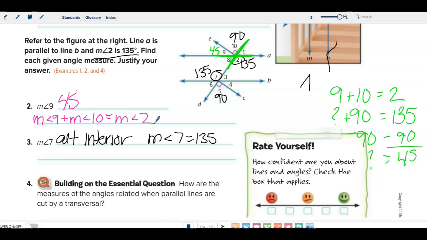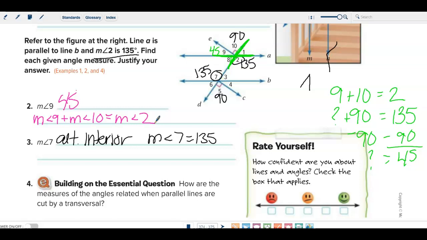So then the last question, number 4. How are the measures of the angles related when parallel lines are cut by a transversal? So in other words, what two options do we always have? They're either what or what? I'm not talking about types of angles, but their angle measures are either congruent or supplementary.